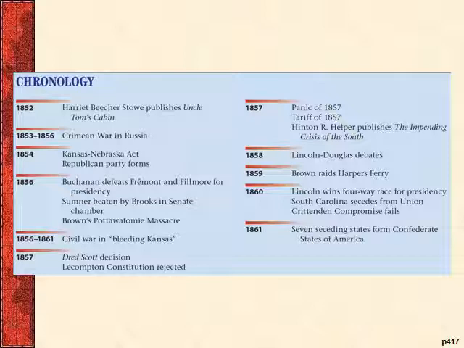Then the Panic of 1857, the Tariff of 1857, the Lincoln-Douglas debates in 1858, the raid on Harpers Ferry by John Brown in 1859, and then Lincoln's election in 1860, along with the secession of some of the southern states led by South Carolina, and the formation of the Confederate States of America in 1861. The next chapter: lots of war, a lot of battles.